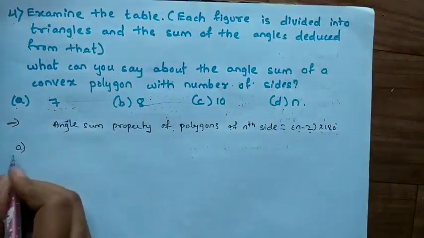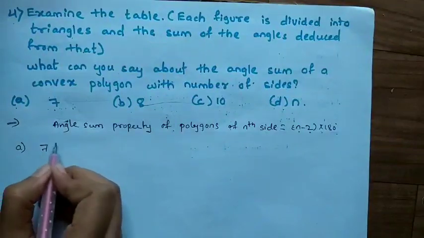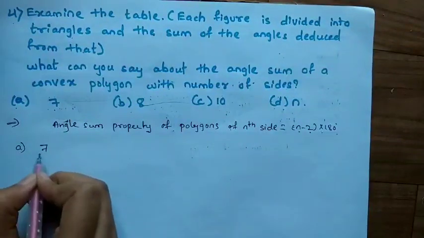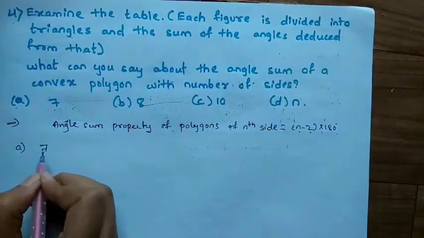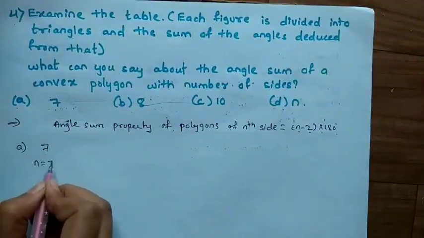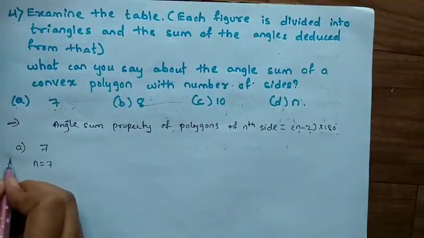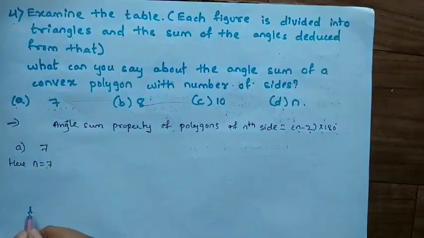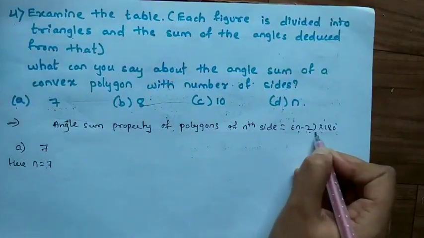Here in question A, what do we have? 7. The number of sides is 7, so take n equal to 7. The formula is (n minus 2) into 180 degrees.